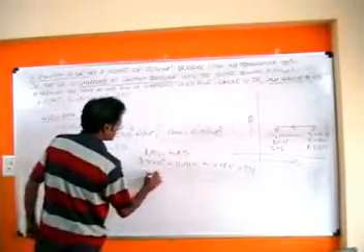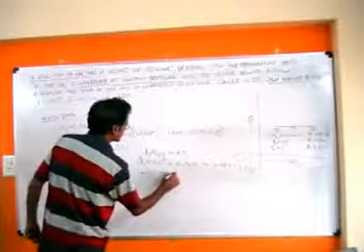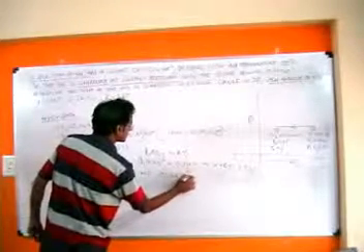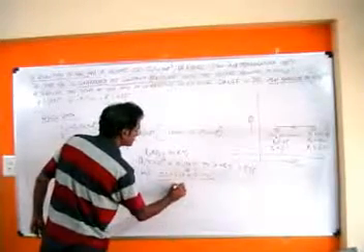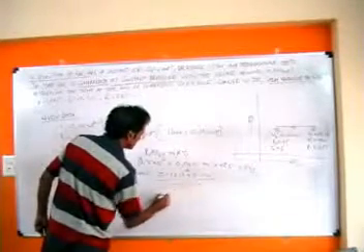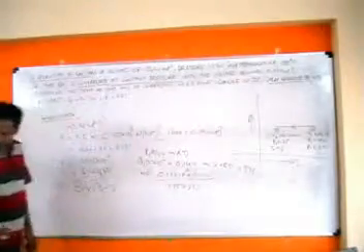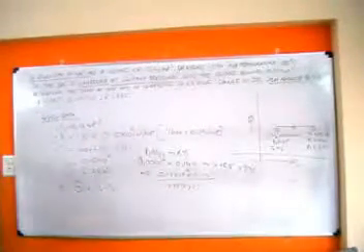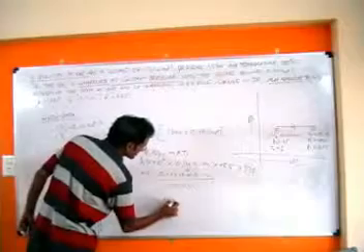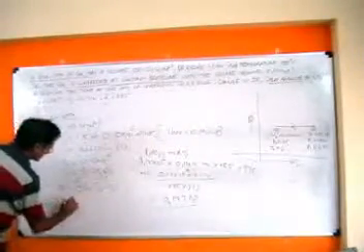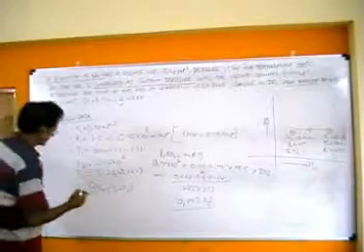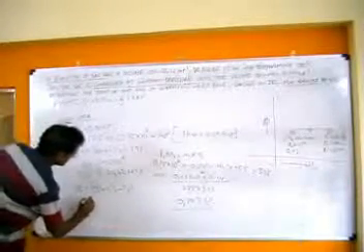So from here we get the value of m as 0.15 into 10 to the power of 6 times 0.14 by 285 into 373. Simplifying this, you get the value of m as 0.197 kg.